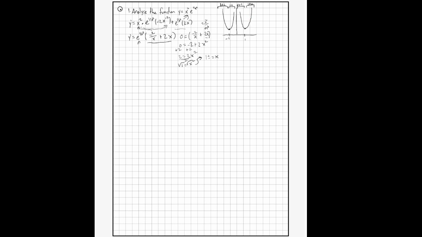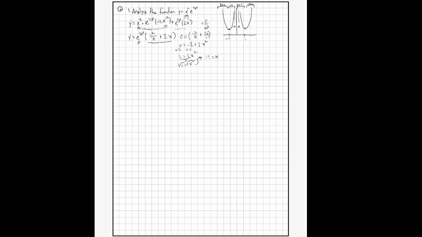Alright, moving on. For part A in this problem, it says find the intervals on which the function is increasing. When I look at the graph, there's an asymptote right here and right there. From the function, where it's increasing, it's going from negative 1 to 0, because it's getting closer and closer to 0.